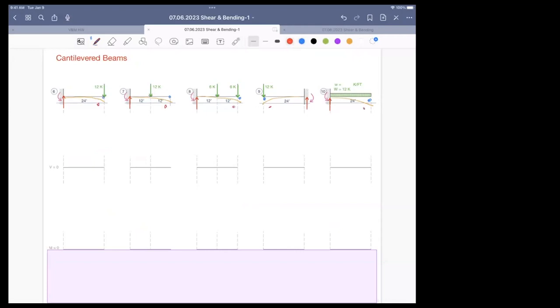So I am concluding that this moment diagram will be negative. No matter what happens in a cantilever, your moment diagram is going to be negative. It's not going to be positive ever. Positive is for simply supported. So cantilevers will have negative moment diagrams.